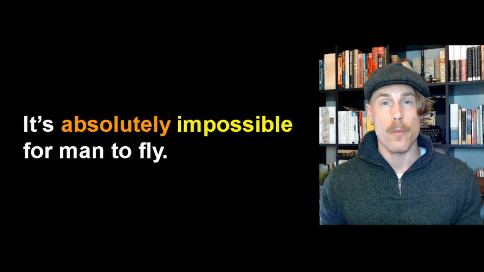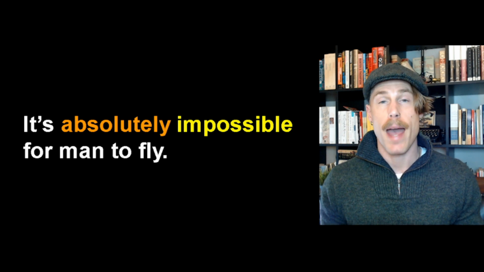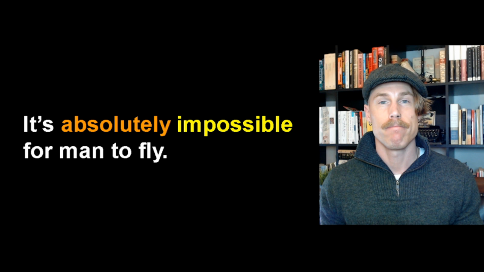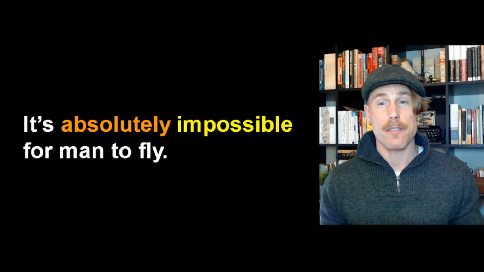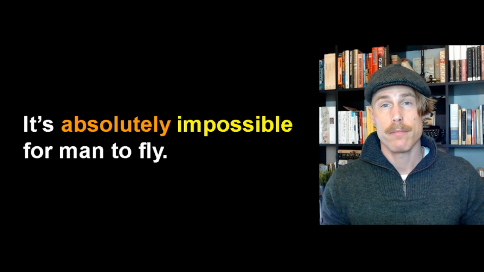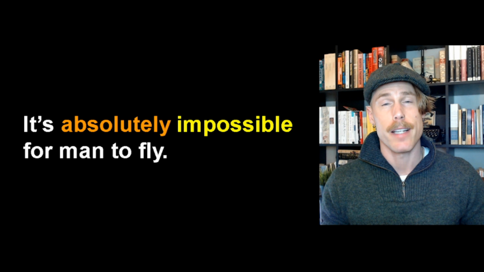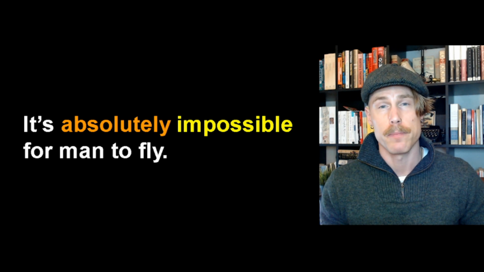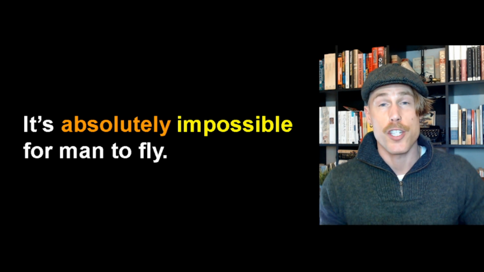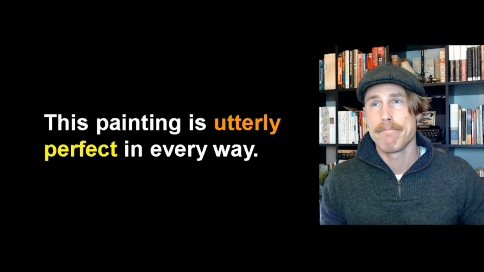For example, it's absolutely impossible for man to fly. I can't fly like Superman. I wish I could. I try every day. It never happens. It's absolutely impossible. I need a jetpack or wings or something. Can't do it.